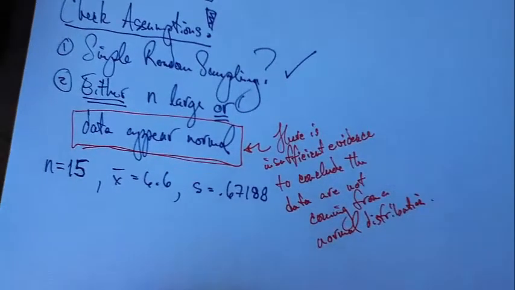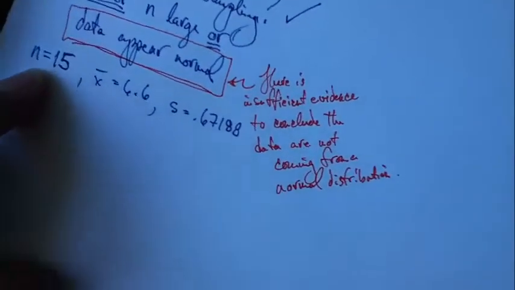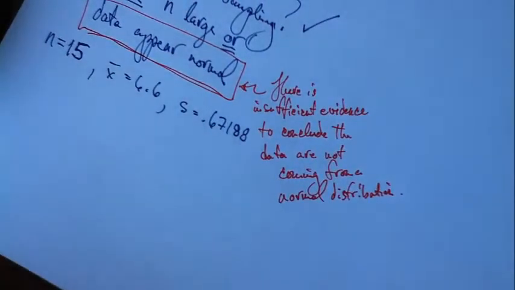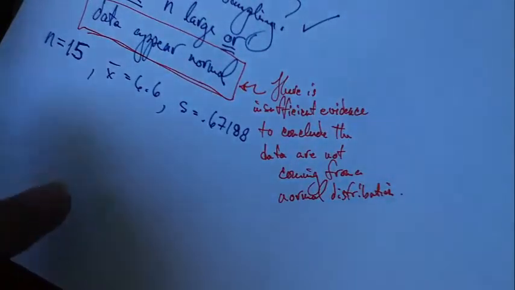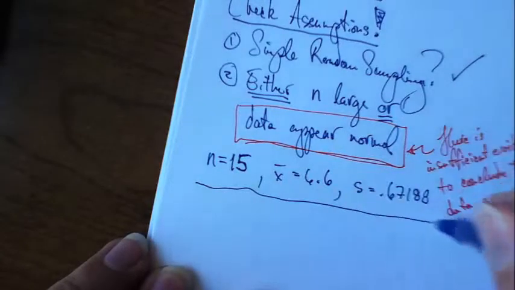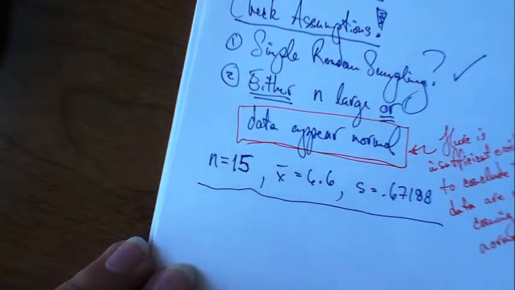Okay, technically that's how you want to say that. There's insufficient evidence to conclude that the data are not coming from a normal distribution. Are they really coming from a normal distribution? Probably not. Probably not. But maybe it's close enough for all this stuff to work.